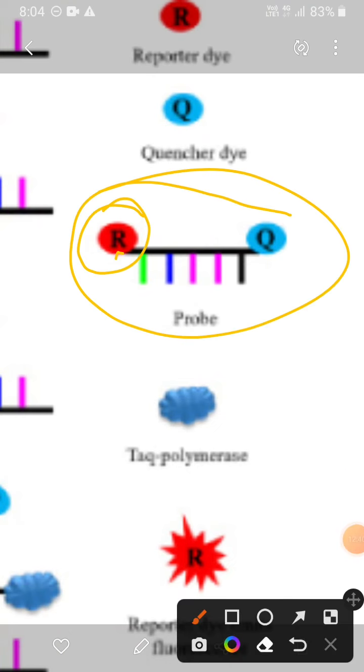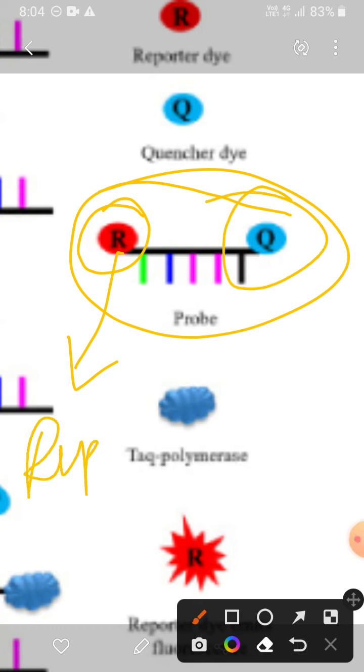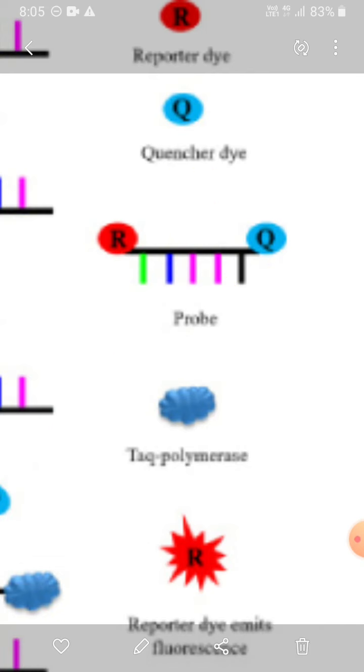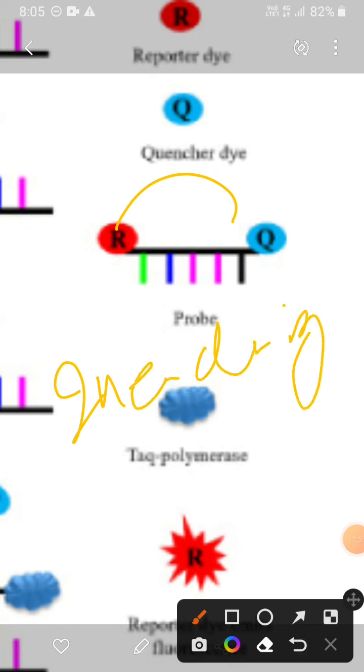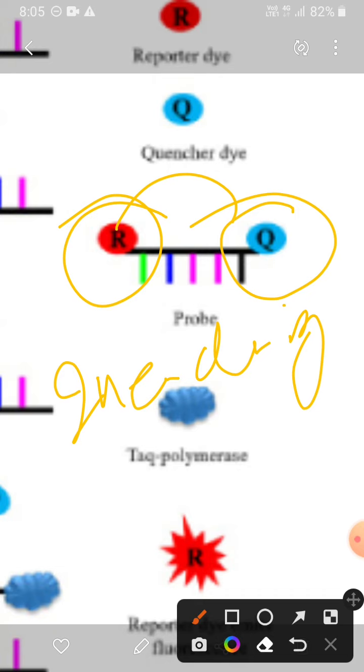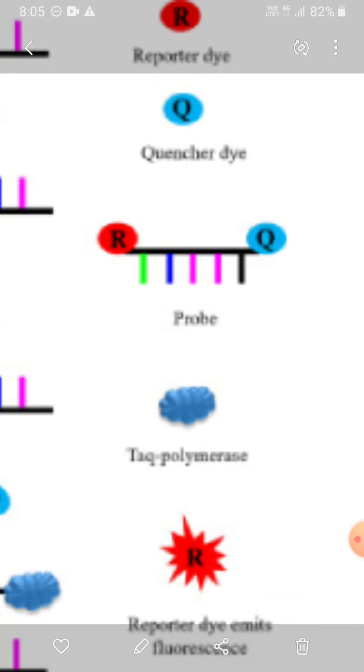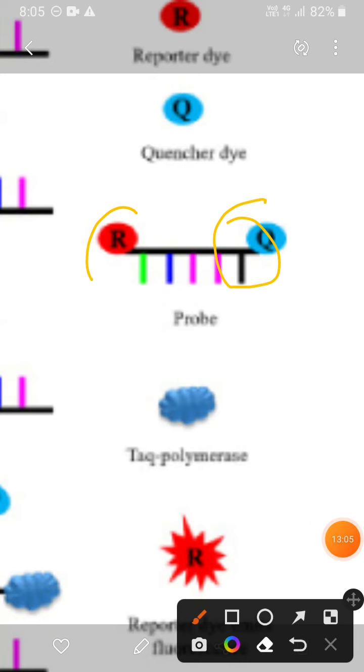Here at one end our reporter dye of short wavelength is attached, and on the other end the quencher is attached. Remember one thing, a phenomenon called quenching is going on between the reporter dye and the quencher, and as a result the reporter dye cannot fluoresce whenever it is closely located to the quencher.